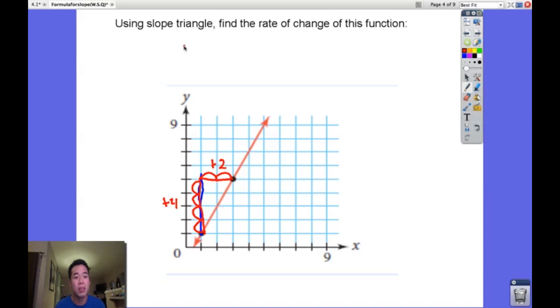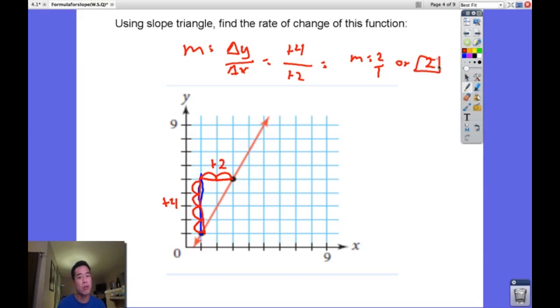Slope is defined as the change in y over the change in x. So I know that the change in y was positive 4. I can see that from my drawing. And the change in x is plus 2. So I simplify that down to my slope is 4 over 2, or just 2. And that's how you use the slope triangle.